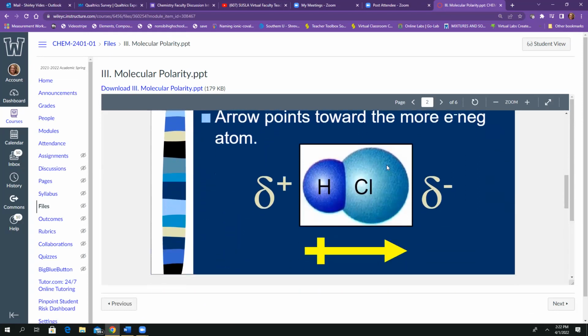Like right here, hydrogen and chlorine. Hydrogen is less electronegative than chlorine. So chlorine is going to pull those electrons in the electron cloud of hydrogen closer to itself, therefore acquiring a partial negative charge, which is denoted as a delta negative, and hydrogen will acquire a partial positive charge, and that is what a dipole is.